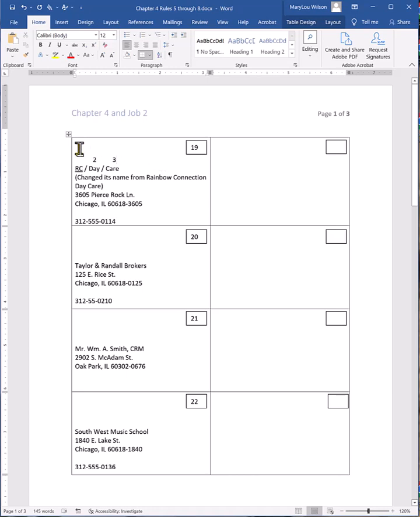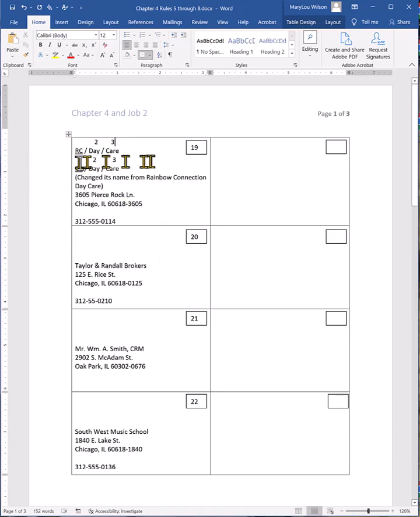Now, let's rewrite it in correct coded order in the upper left-hand corner. RC, day, care. Again, we're going to underline RC, and we're going to add the 2 for unit 2 above day, and the 3 for unit 3 above care.